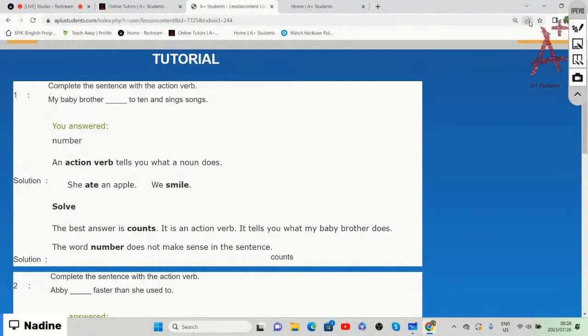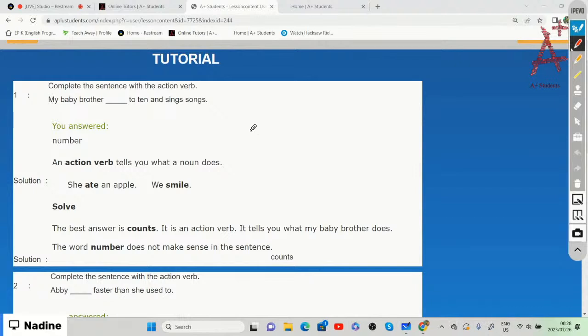So if we talk about "to 10 and sings a song," then we can say that he counts, right? So my baby brother counts to 10 and sings songs, right?